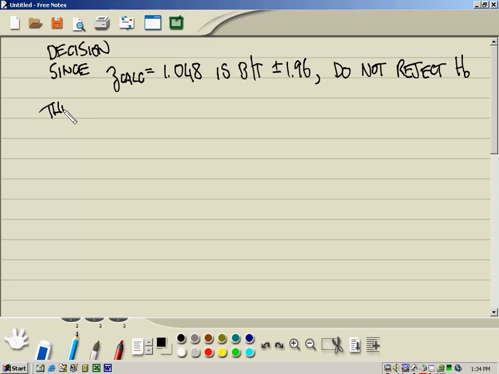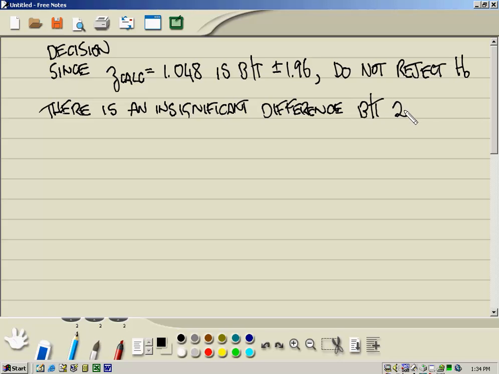And the interpretation there is an insignificant difference between two groups of older people, older customers. And that's the end of that problem.